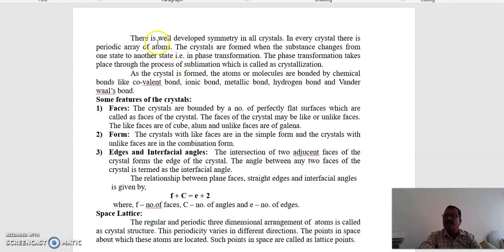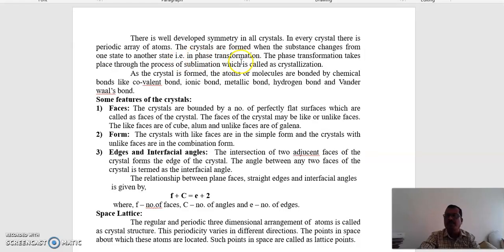Also, in crystals there is well developed symmetry in all crystals. In every crystal there is a periodic array of atoms. Crystals are formed when a substance changes from one state to another state, that is, in phase transformation.